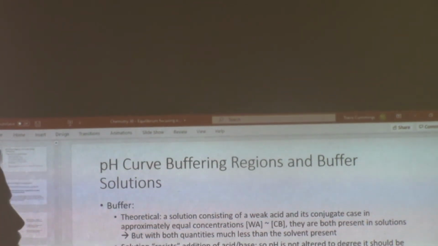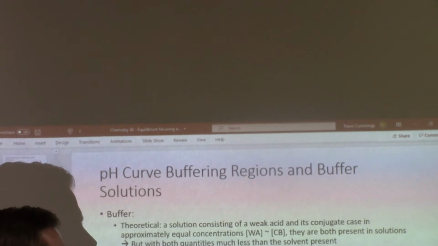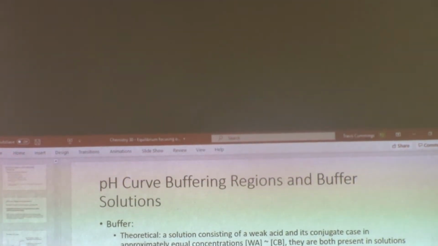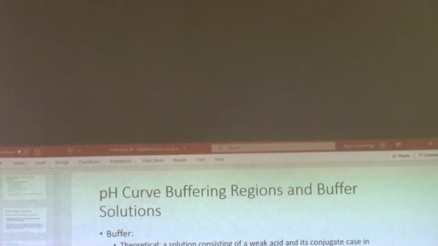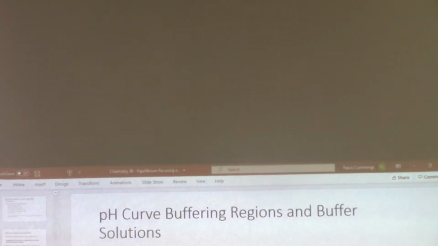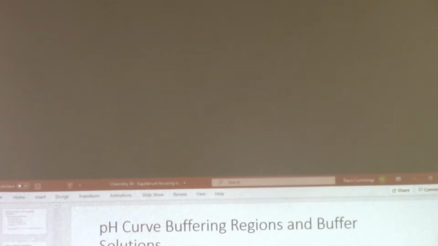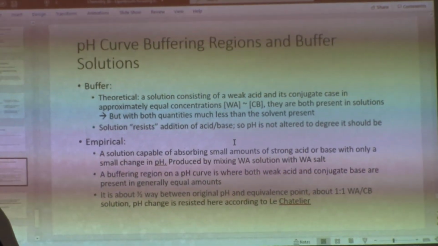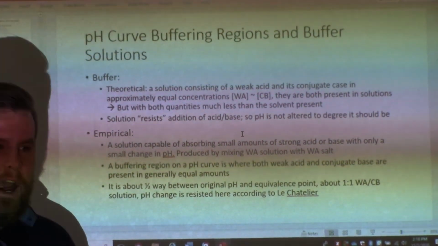It's produced by mixing a weak acid solution with a weak acid salt in general. A buffering region on a pH curve is where both weak acid and conjugate base are present in generally equal amounts, so the shifts are resisted either way. When I did the hydrogen phosphate sodium hydroxide buffer lab earlier today, that's exactly what we saw.